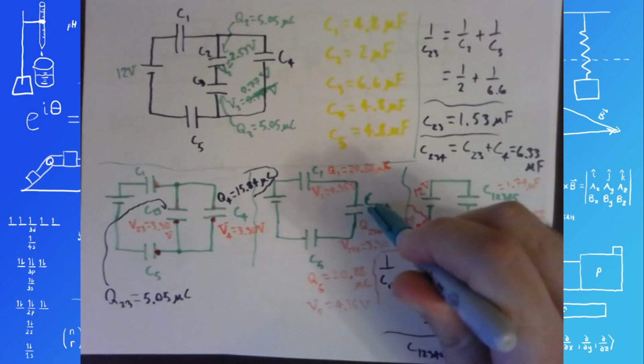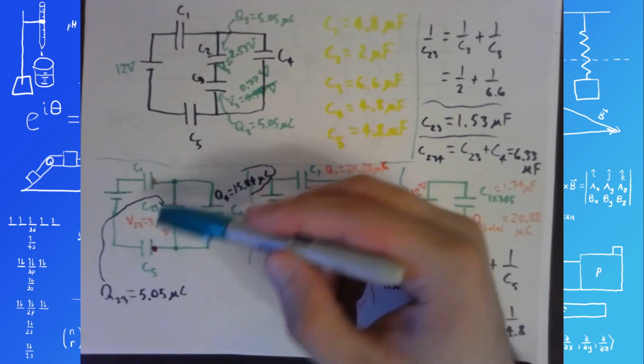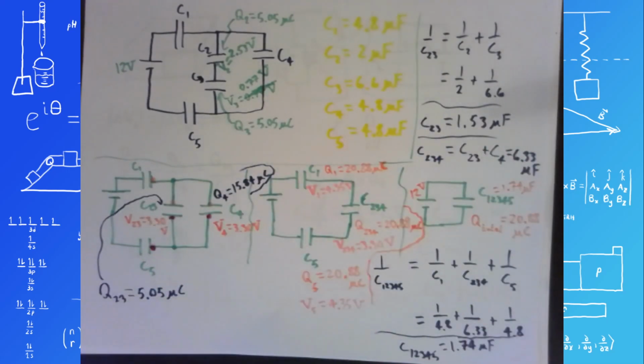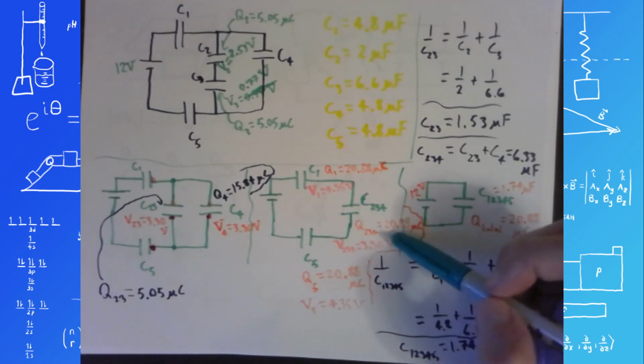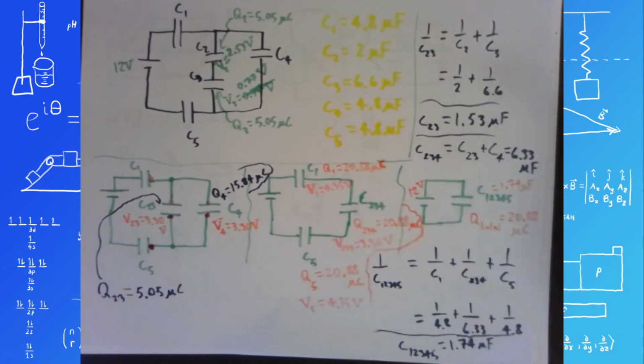And then when you unpack something in parallel, the voltages are the same, but the charges add. 15.84 plus 5.05 is 20.89, which is approximately the 20.88 that we started with before we unpacked C234.